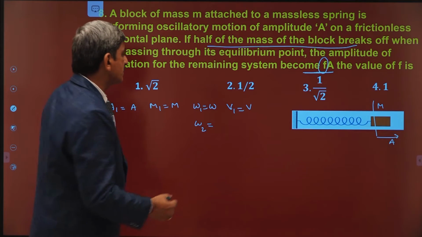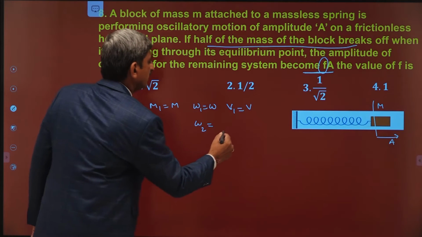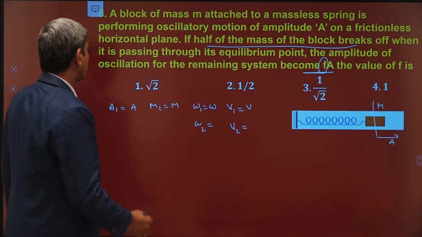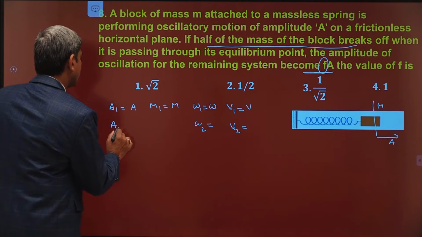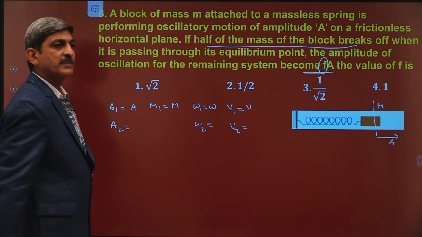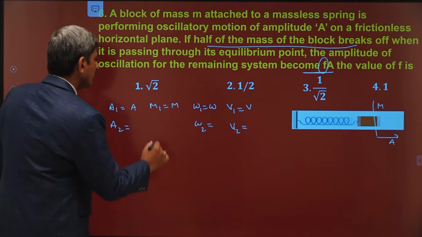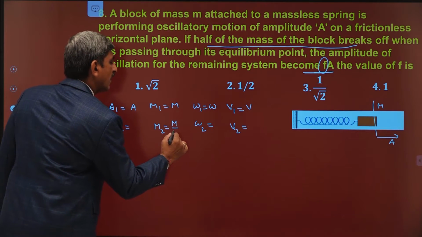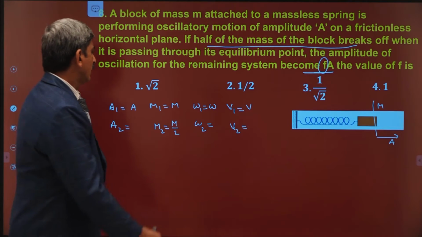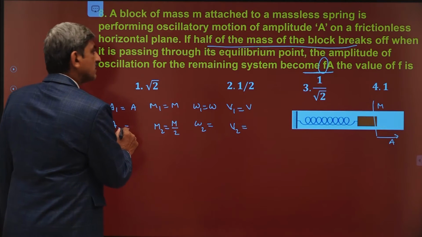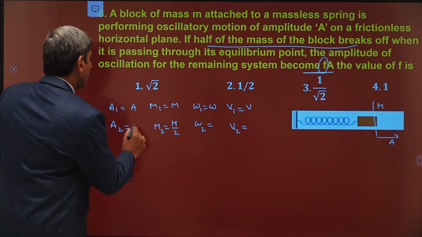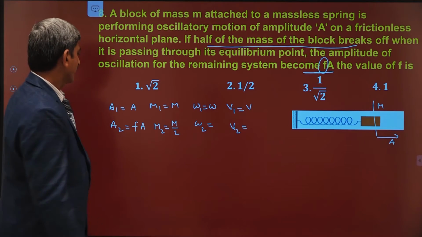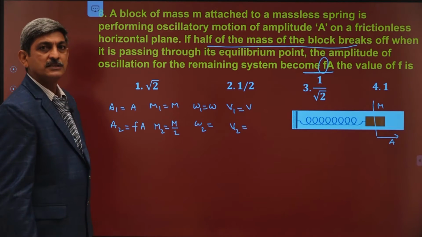Whenever the angular velocity is changed, automatically the velocity of the block is also changed. Then automatically the amplitude of the oscillations is also changed. In the new system, the mass is equal to half of the original mass. Now we want to determine this new amplitude A2, which is given as F times A. This F is to be calculated.